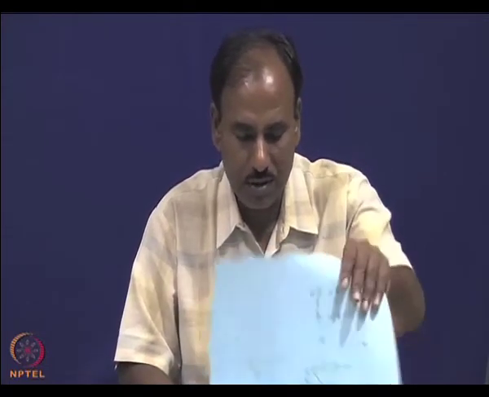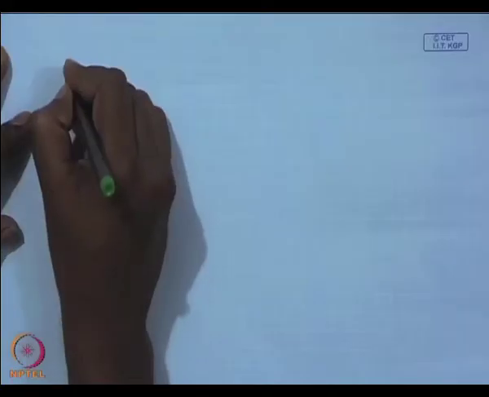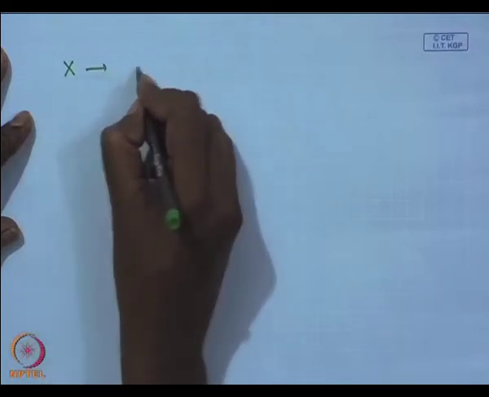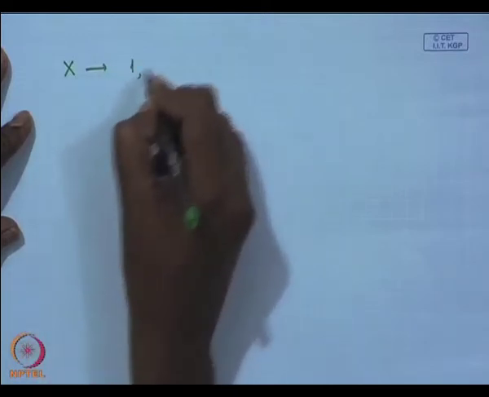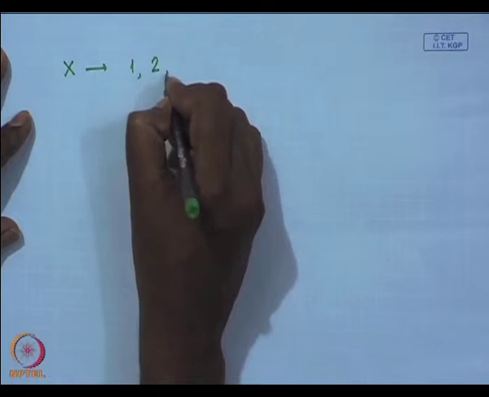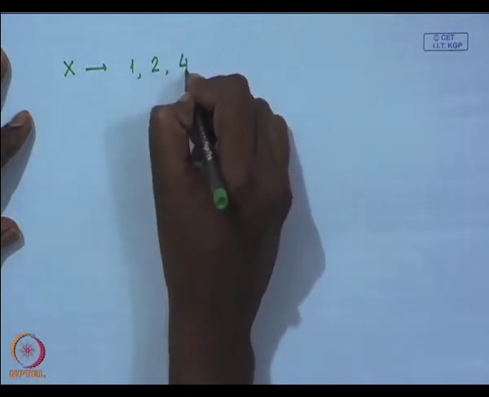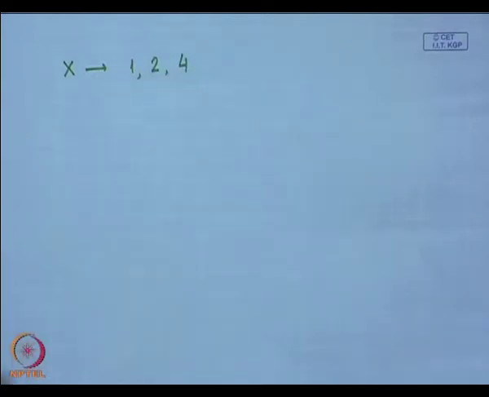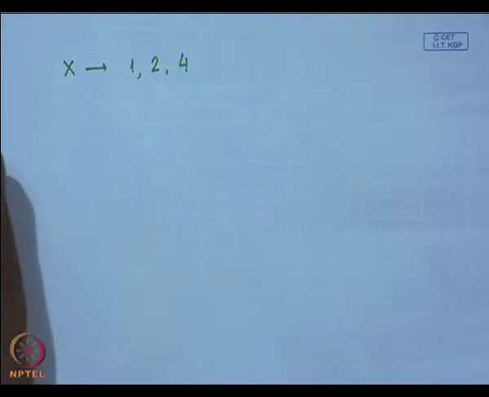So, let us take the same example of 3 samples. I have this scalar variable x having a sample at location 1, a sample at location 2 and a sample at location 4. Right.